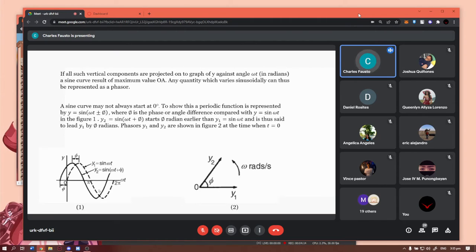So yung y sub 1 is equivalent to sine omega t. And yung y sub 2 is equivalent to sine quantity omega t plus p. Okay? So ito yung p niya, yung nakikita natin yung p na yan, merong sa pagitan ng unang wave, no? Yung ating y2. Pangalawa, yung y2, ano? Y sub 2.